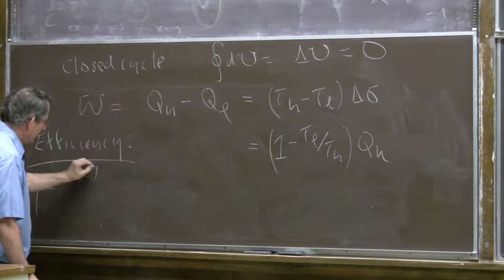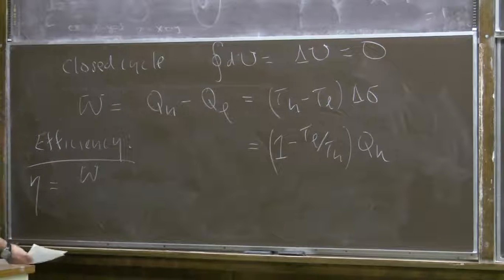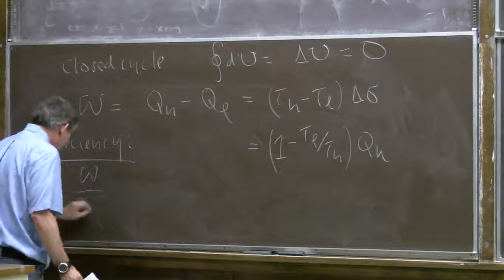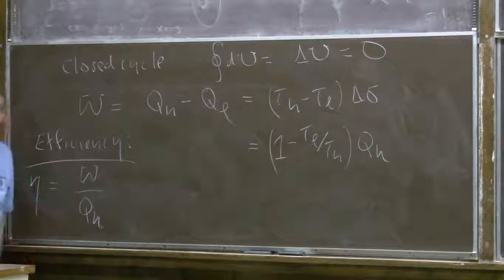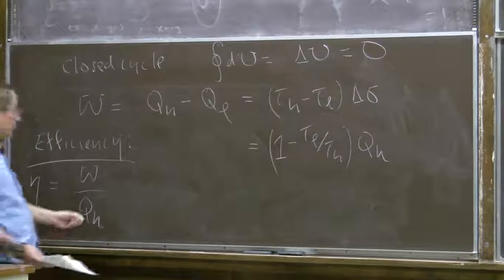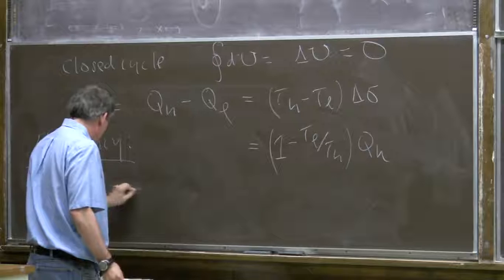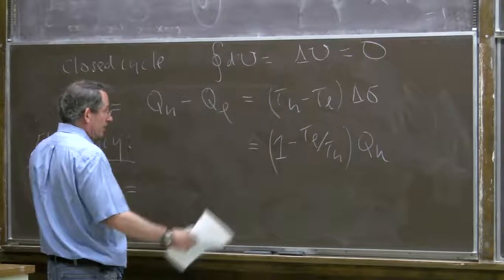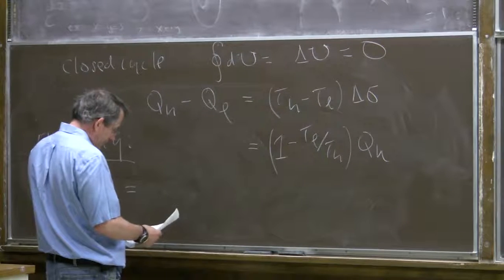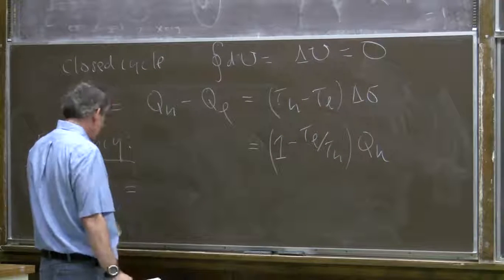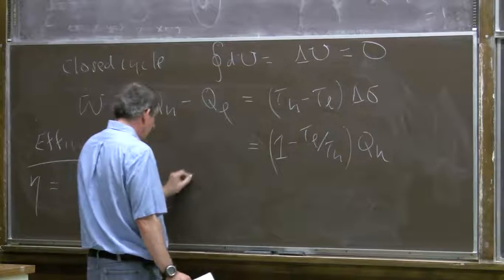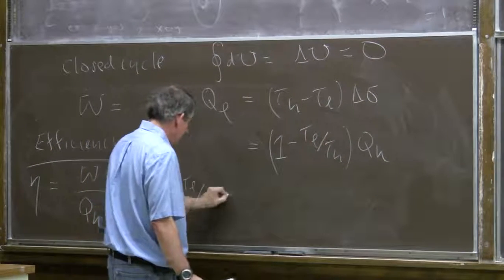It's the net work done in the cycle, divided by the heat that the system takes in from the hot reservoir, W over QH. So if I divide both sides of the equation above by QH, I can write the efficiency as 1 minus tau L over tau H.